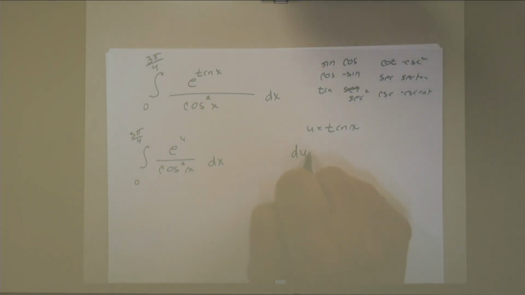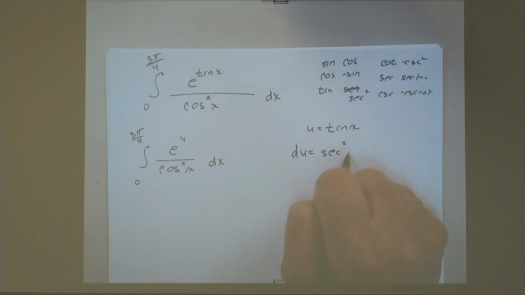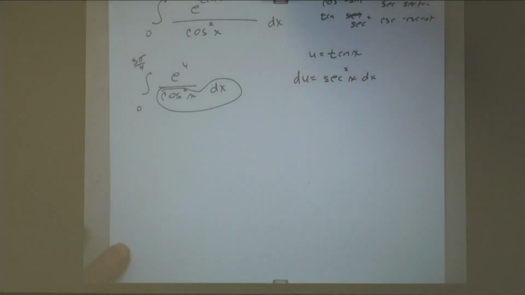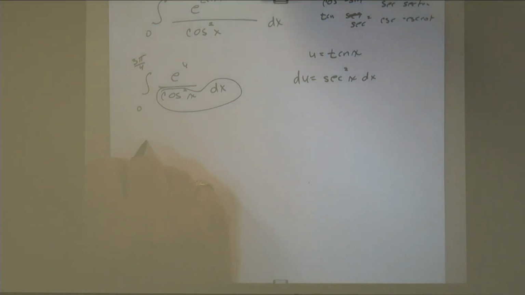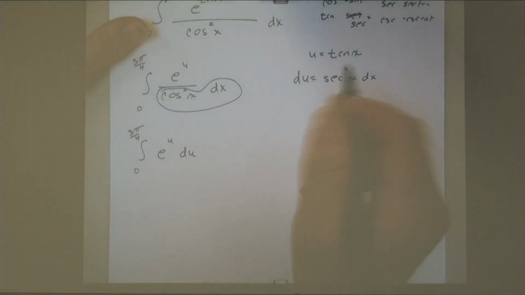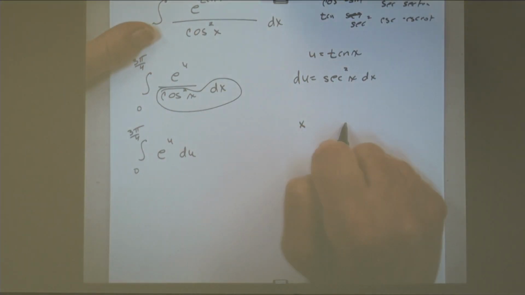du is going to be secant squared x dx, and there's secant squared x dx right there. So now I'm integrating from 0 to 3π/4 e to the u du. Of course, the antiderivative of e to the u is e to the u, so I'd like to stay in the u sub, so I'm going to need to change my limits of integration.